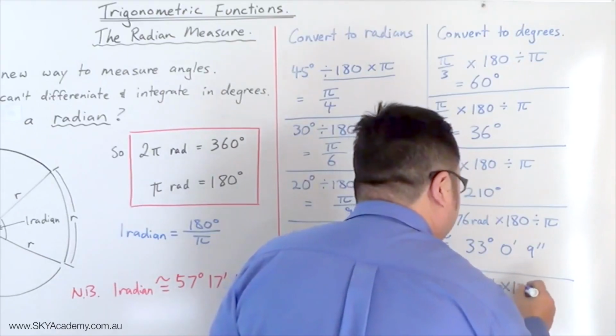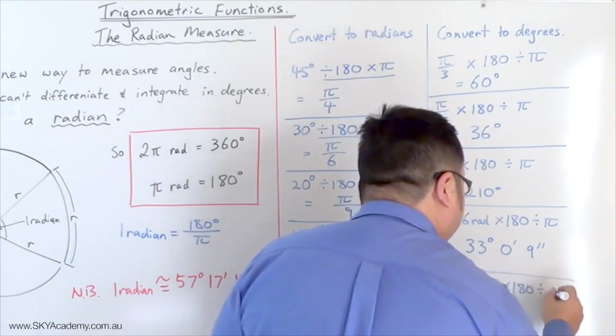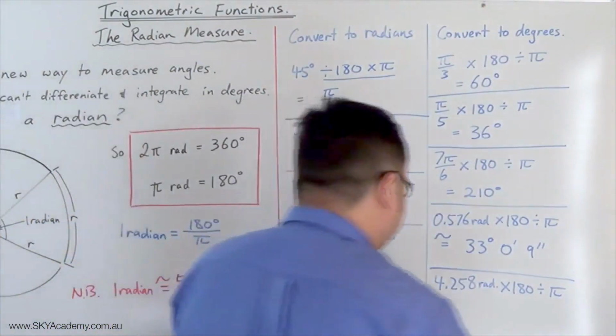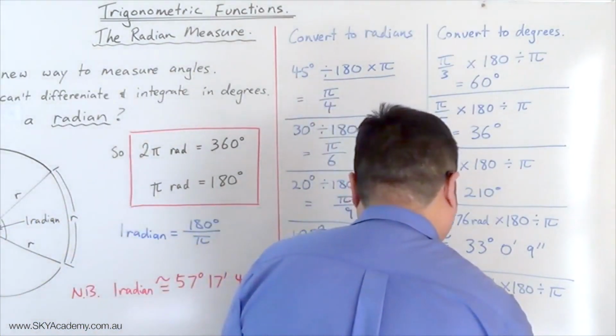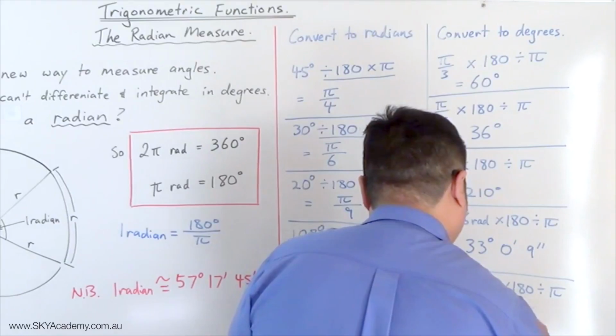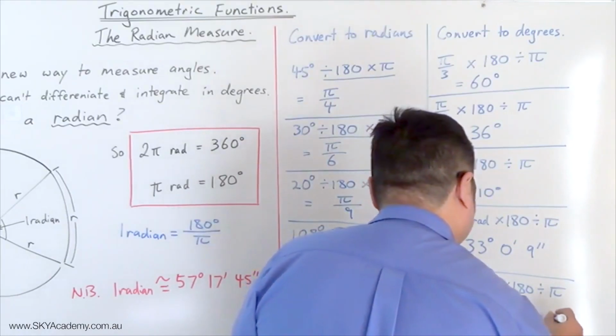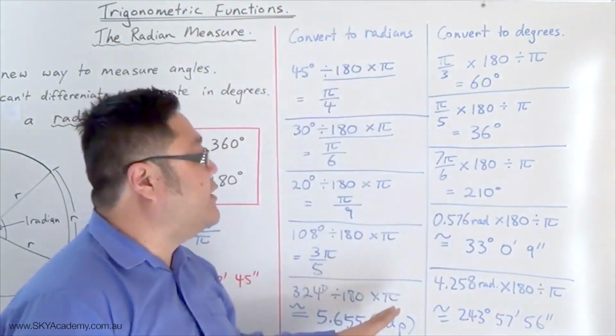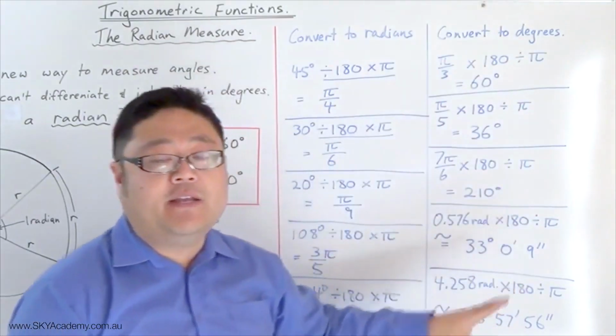We times by 180, divide by pi, approximately gives us an answer of 243 degrees, 57 minutes and 56 seconds. That's how you convert from radians to degrees and from degrees to radians.